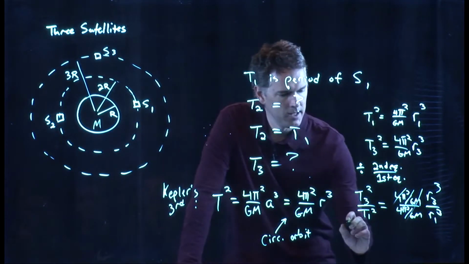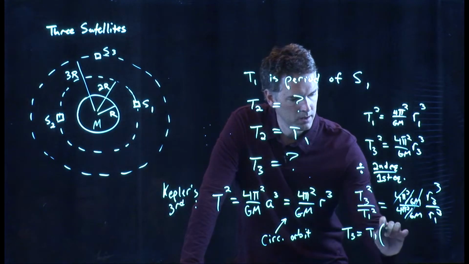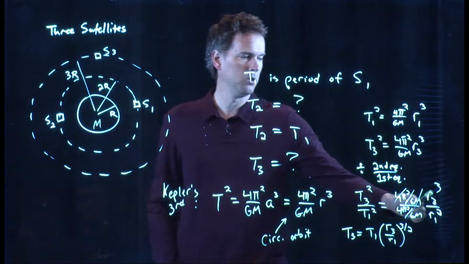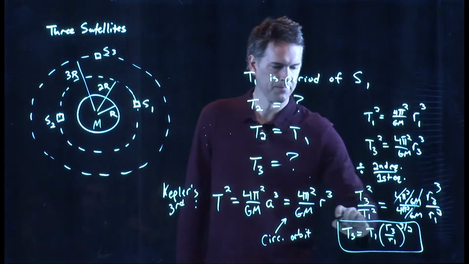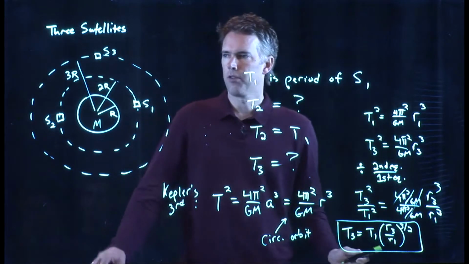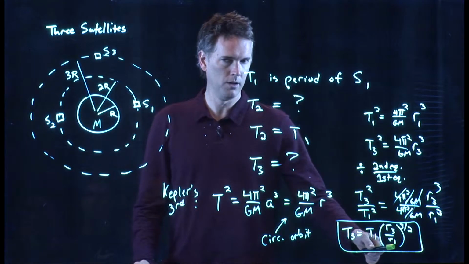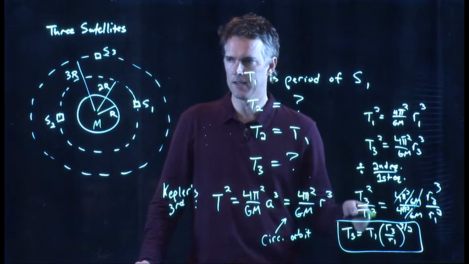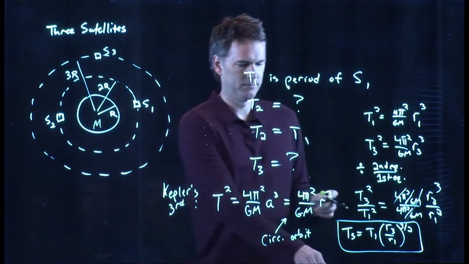And I get T3 is equal to T1 times r3 over r1 to the 3/2. I had a cube, but I took the square root, and so I ended up with that. R3, in this case, is bigger than R1, and so this number is bigger than 1. So T3 is, in fact, bigger than T1. How much bigger? Well, let's calculate it.